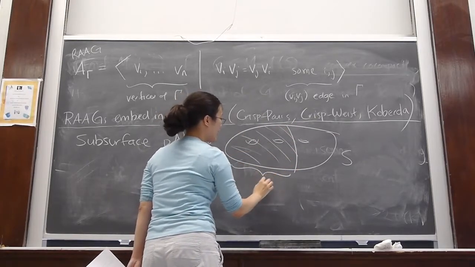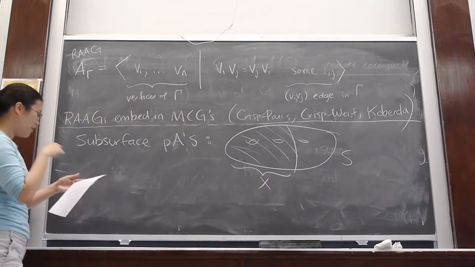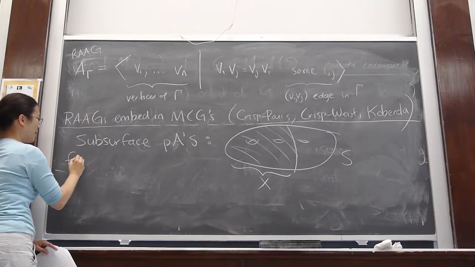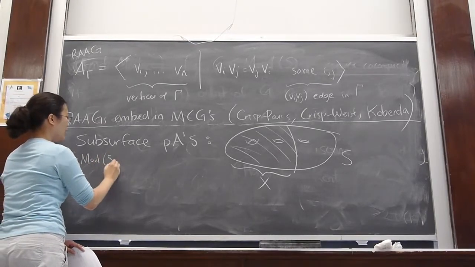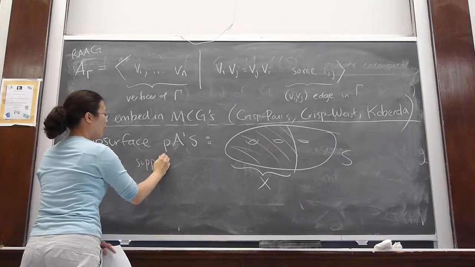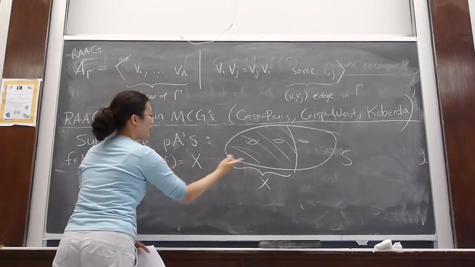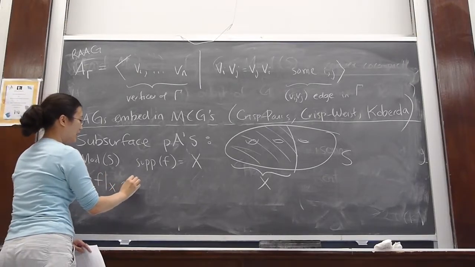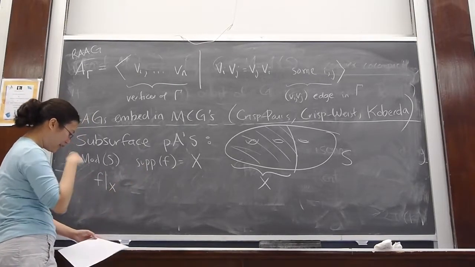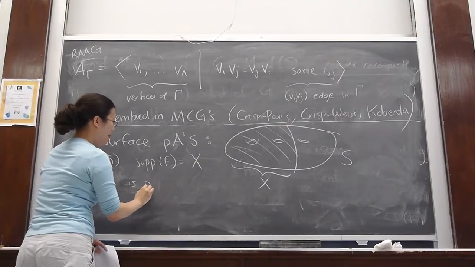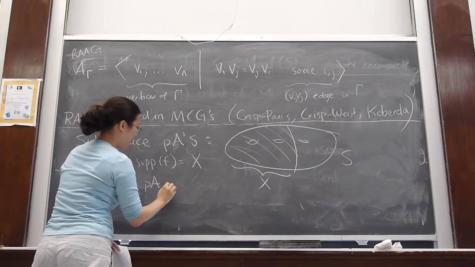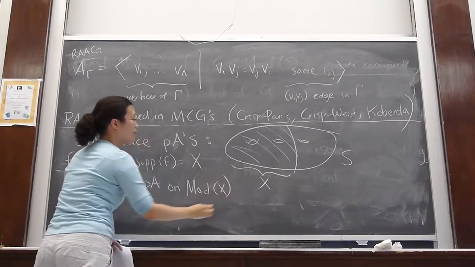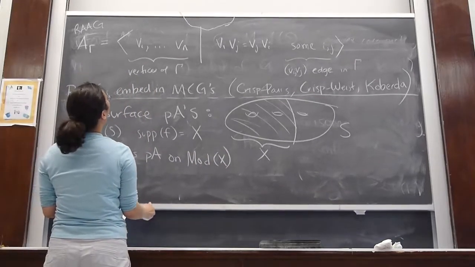I'll call it X. And by a subsurface pseudo-Anosov, what I mean is that I have some mapping class, but really all of its action happens on the subsurface. And if I only look at the subsurface, I would get an induced map in the mapping class group of the subsurface, and I want it to be pseudo-Anosov there. Okay. So that's what I mean by subsurface pseudo-Anosov.